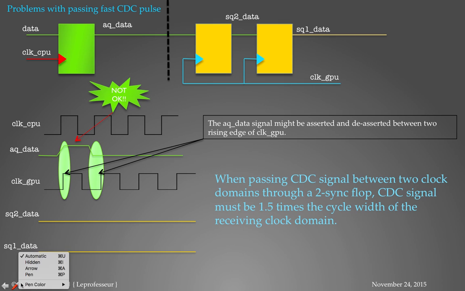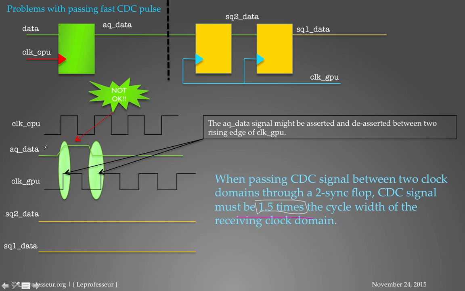People have done research and they found that when passing a CDC signal between two clock domains through a two sync flip-flop structure, the pulse width of the CDC signal should be at least 1.5 times the width of the receiving clock domain clock period.